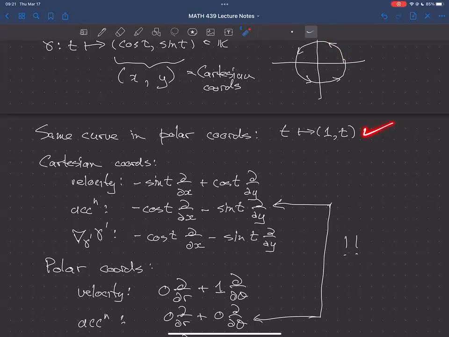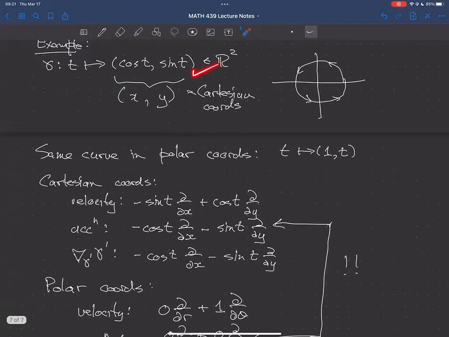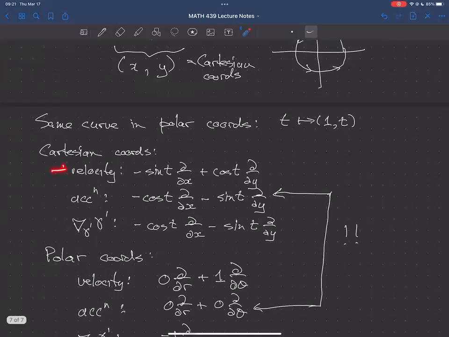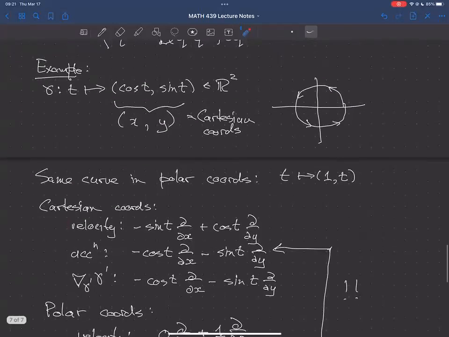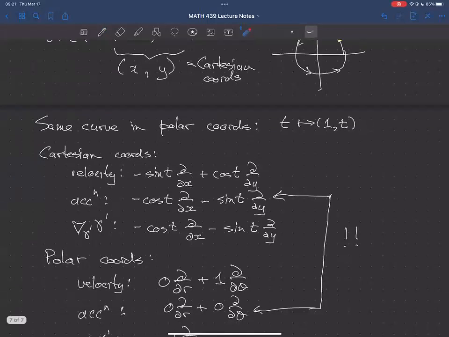So there's no problem with the consistency of the curve along the curve, obviously. Same as velocity. Velocity makes sense. The velocity is a tangent vector, which looks like that. And it looks like that in both Cartesian coordinates and polar coordinates.